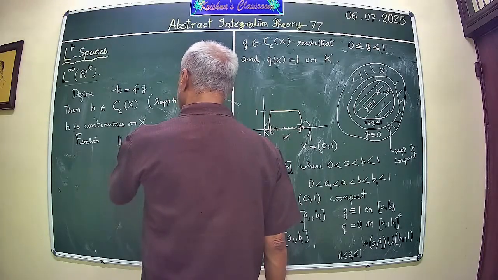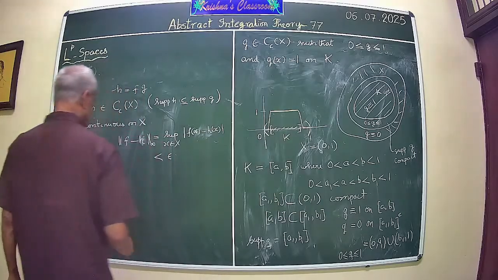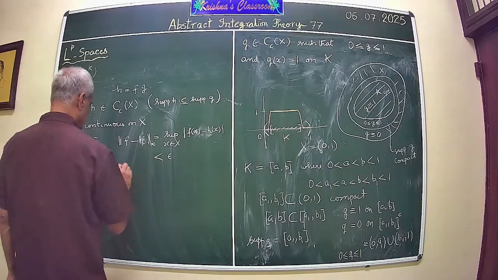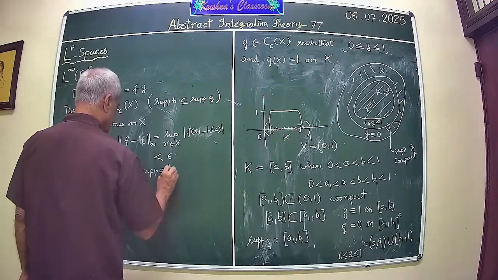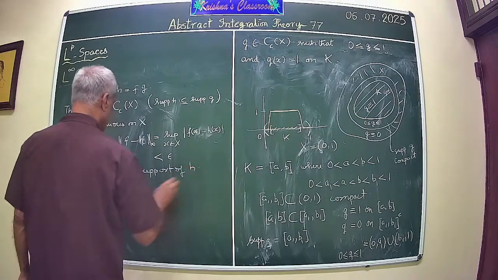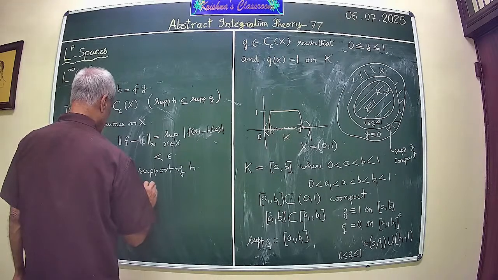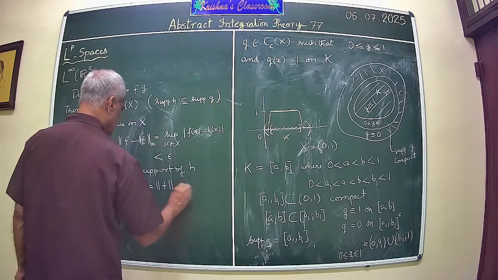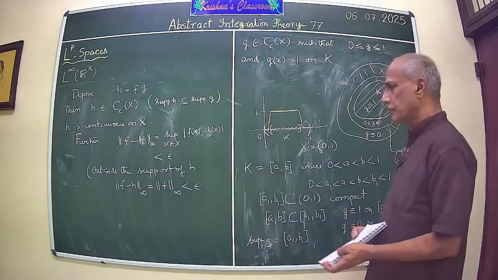Therefore the sup norm of f minus h is less than epsilon.